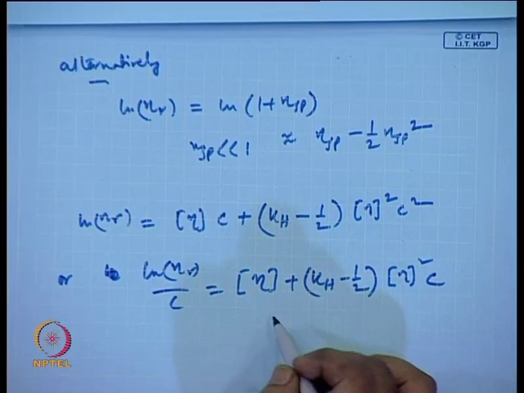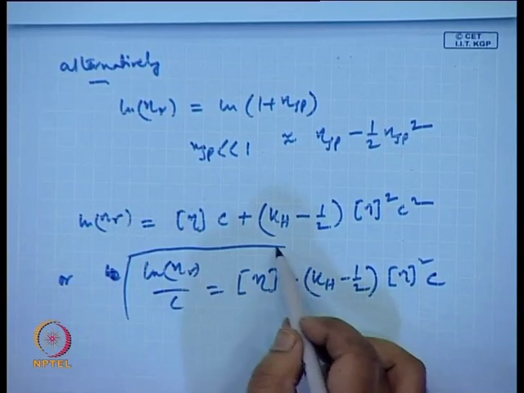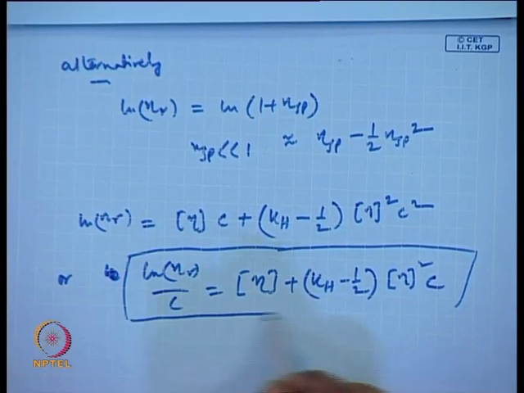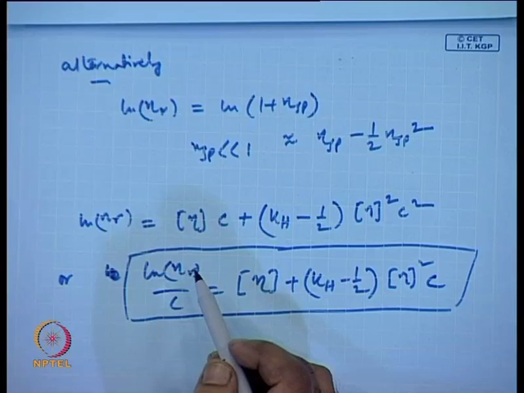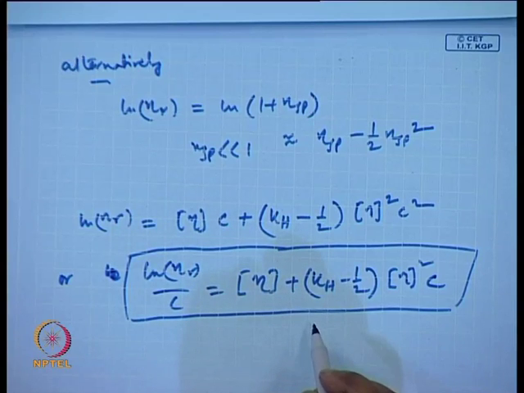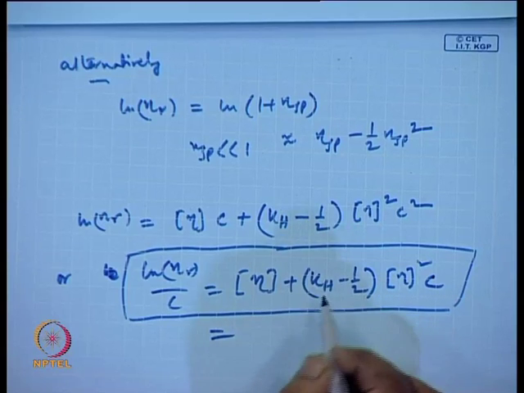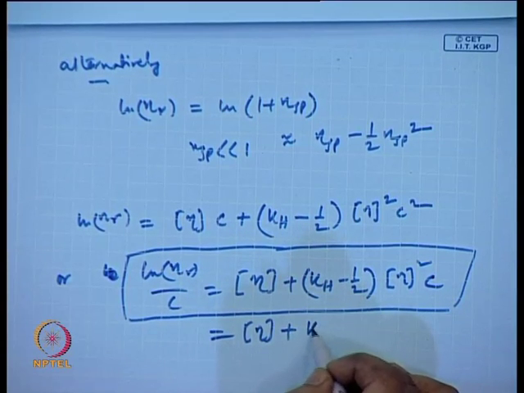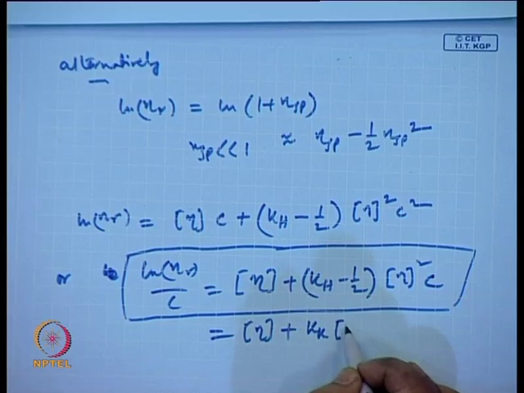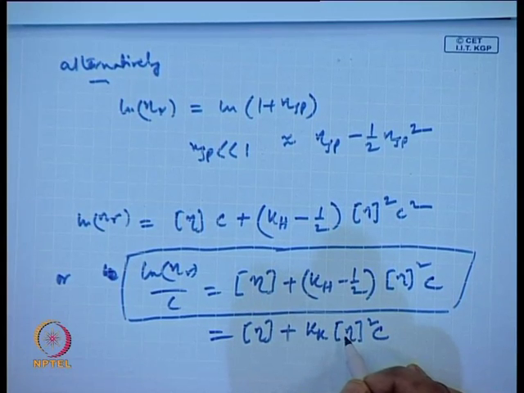So, this gives a similar expression like the Huggins expression, but it is in terms of the inherent viscosity. This constant is named after the person who has given this.